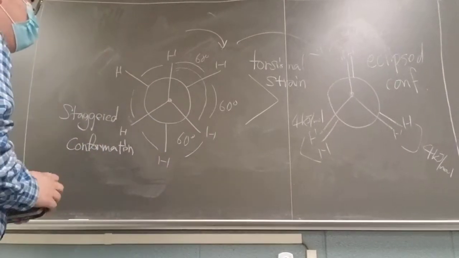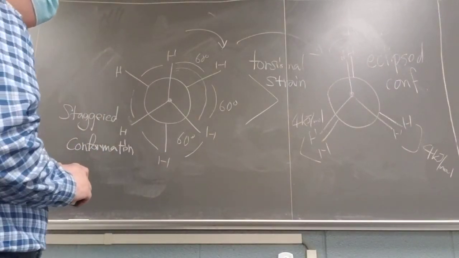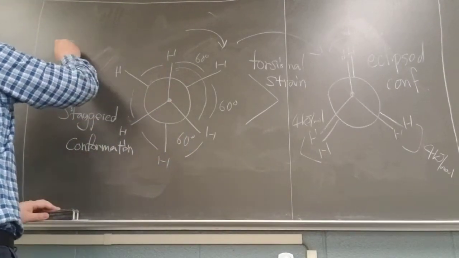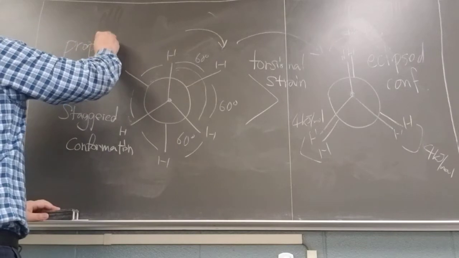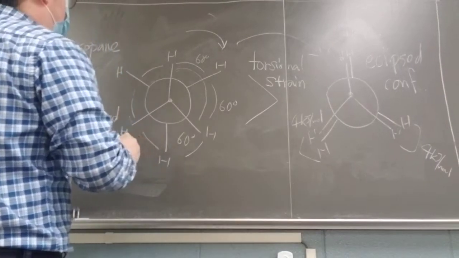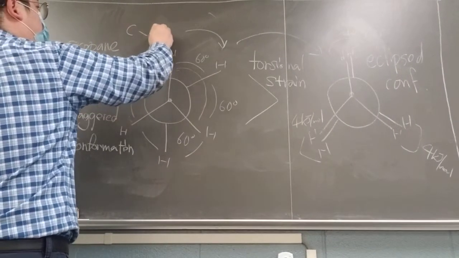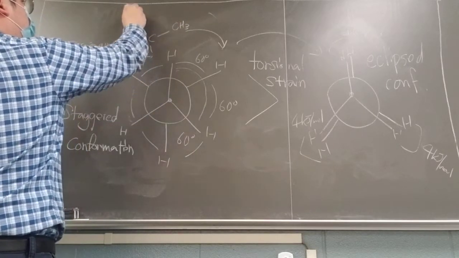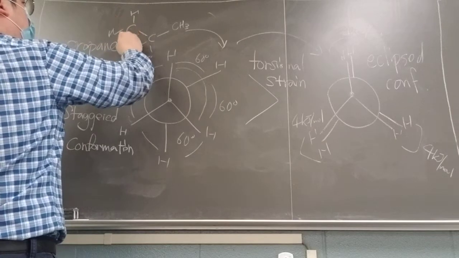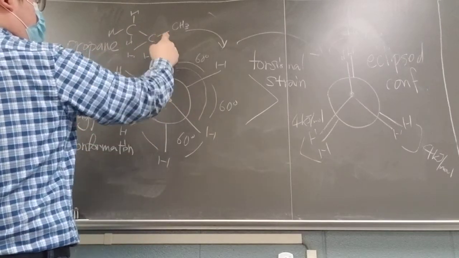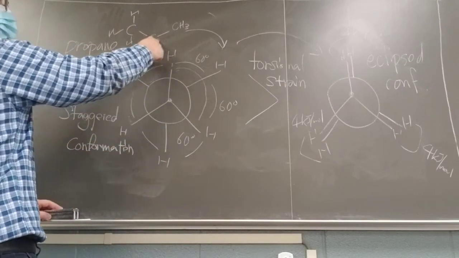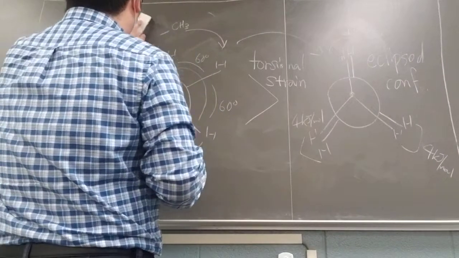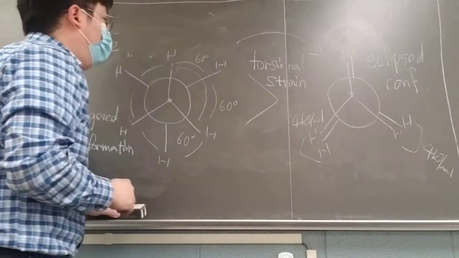Okay. So it's all the same here, but I'm just gonna switch the ethane to propane. So propane has 3 carbons, right? And then here, I'm just gonna switch one of the hydrogens on your front carbon to a methyl group. If it's propane, there has to be 3 carbons, right?